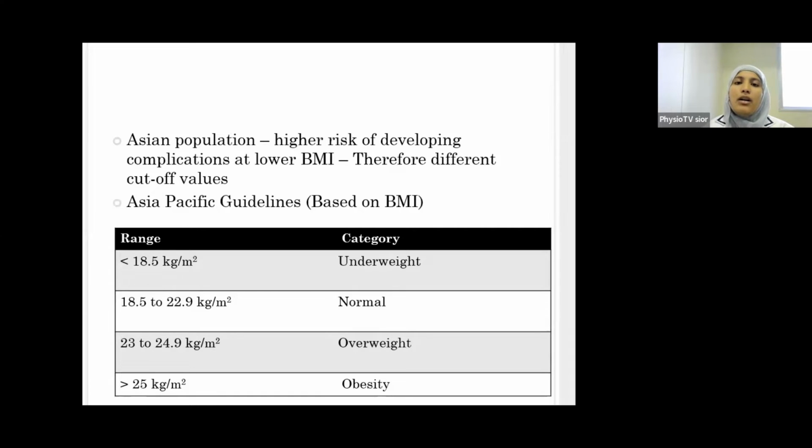Here, they found out that the Asian population has a higher risk of developing complications at a lower BMI, which is why the cutoff was changed for the Asian population. Here, below 18.5 is underweight, and 18.5 to 22.9 is normal.